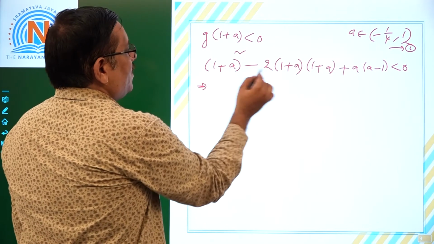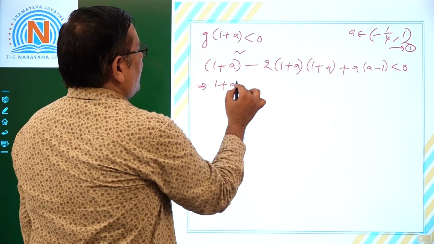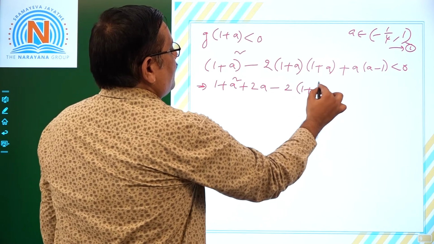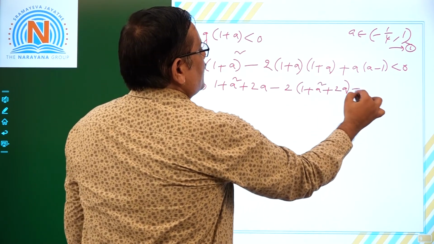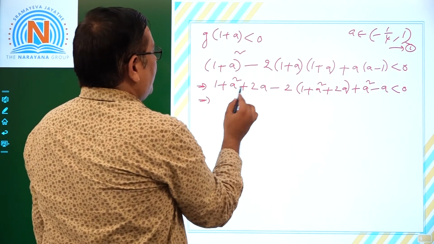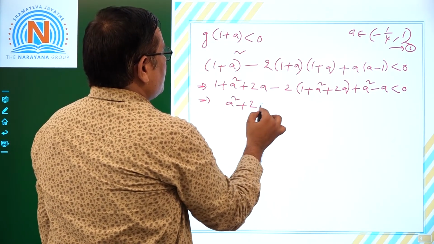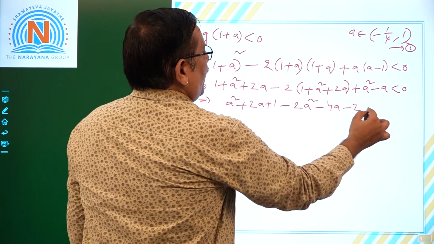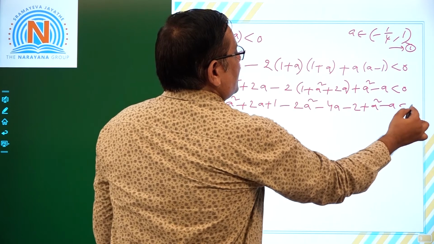That implies we have 1 plus a whole square minus 2 times of 1 plus a whole square plus 2a plus a square minus a less than 0. Let us simplify that. Here it is a square plus 2a plus 1 minus 2a square minus 4a minus 2 plus a square minus a less than 0.